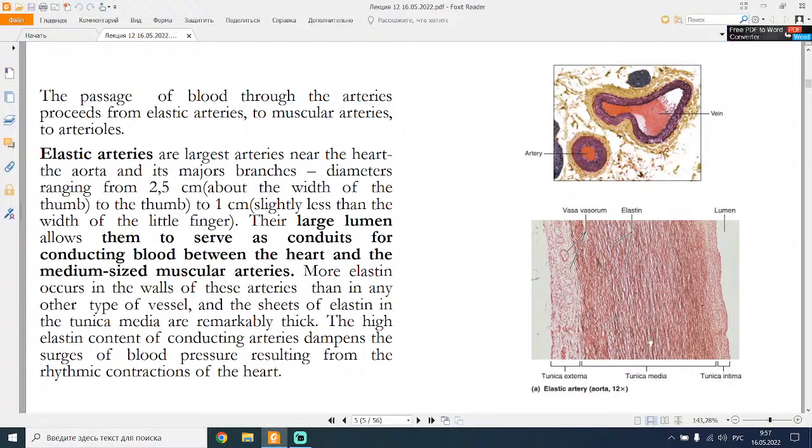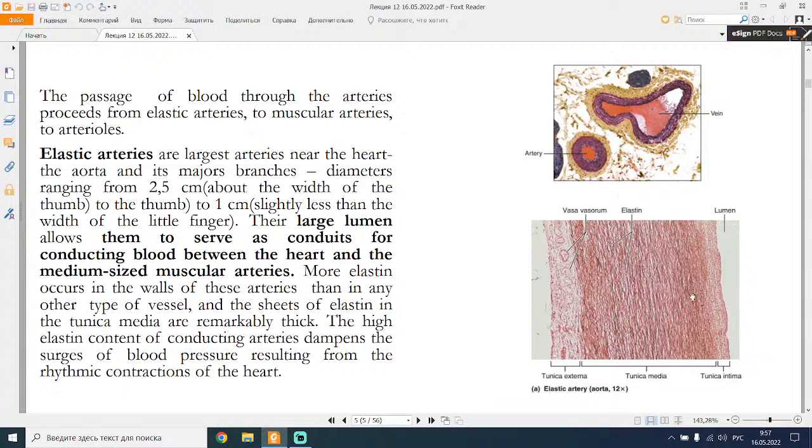This is what you see: elastic artery aorta, tunica media, tunica intima, tunica externa. Tunica media is formed of elastic fibers and smooth muscle cells, with more elastic fibers than smooth muscle cells.